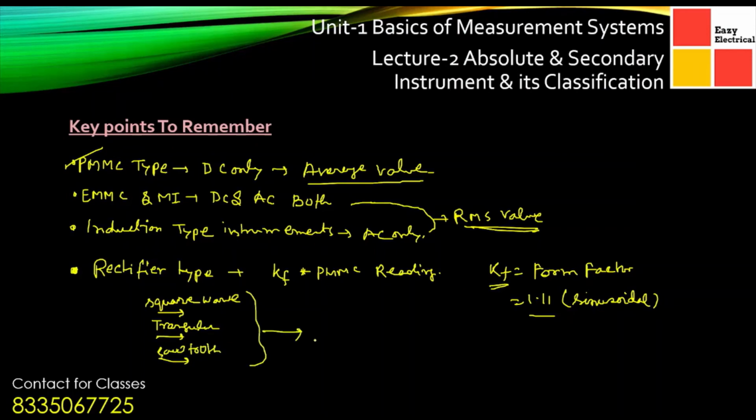Otherwise we will not get the desired result, because if we use only the 1.11 factor, it is only applicable for sinusoidal input, not for square wave, triangular wave, or sawtooth wave. These are the key points that we need to keep in mind.